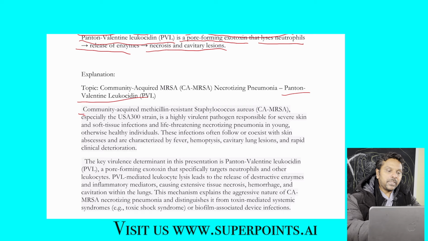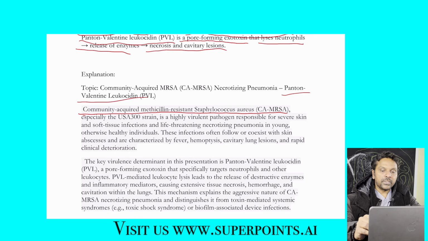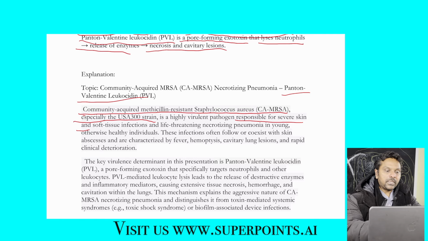Community acquired methicillin resistant Staph aureus, especially the USA 300 strain, is a highly virulent pathogen responsible for severe skin and soft tissue infections and life-threatening necrotizing pneumonia in young, otherwise healthy individuals.